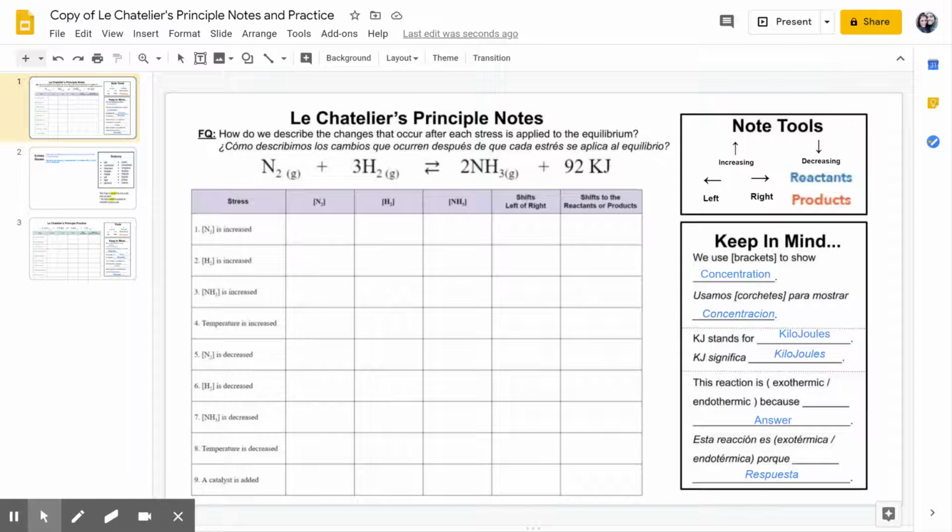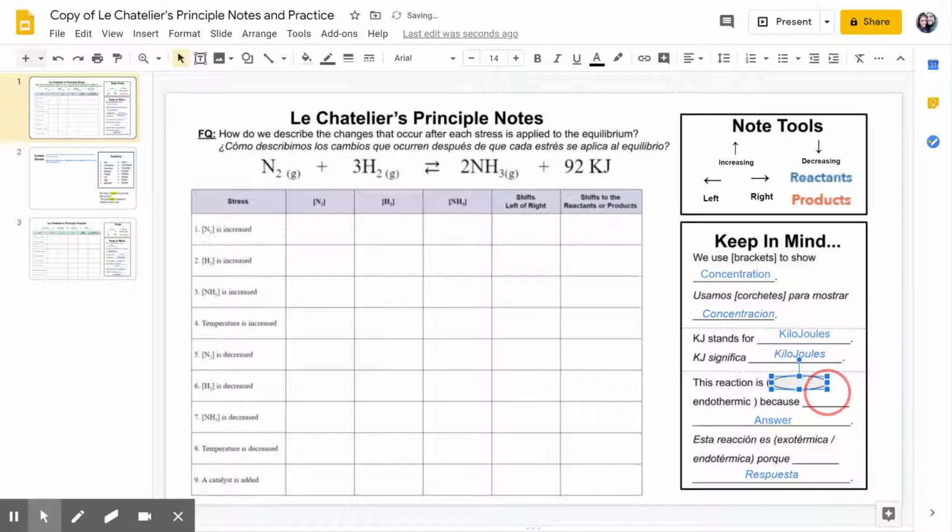To help me answer that, I'm going to look here at the kJ. I see that kilojoules is on the product side. So if we enter on the left and we exit on the right, the energy is on the exiting side. That tells me that this reaction is exothermic, okay?